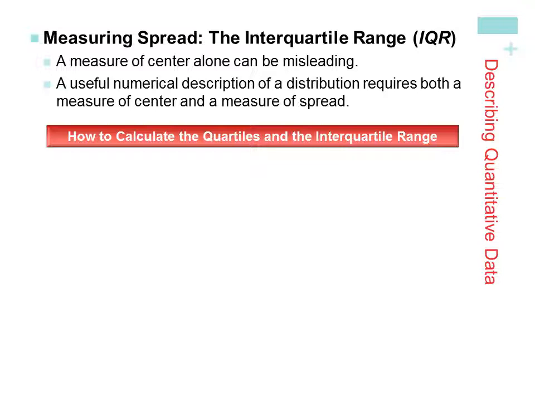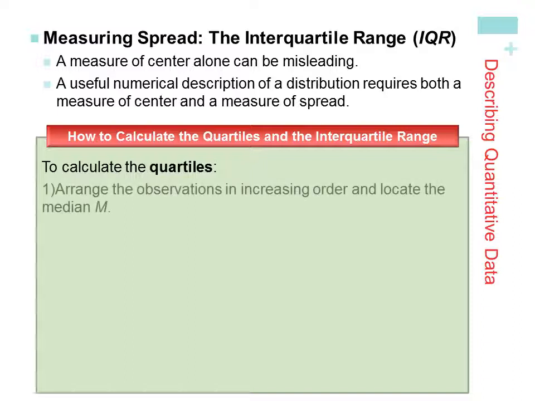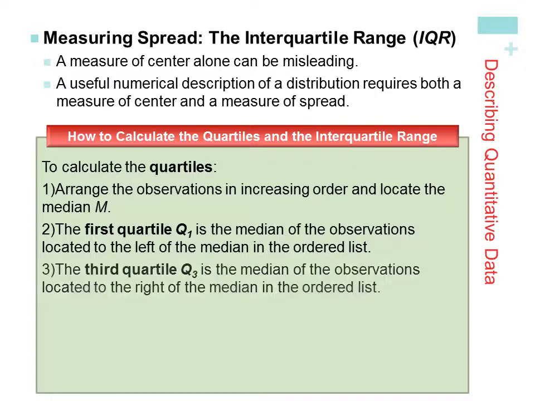So how do we calculate the quartiles and the interquartile range? Hopefully you've done this before. To calculate your quartiles, arrange the observations in order, locate the median, and draw a line down. The first quartile is the median of the observations located to the left of the median. So you put your median in the middle. Quartile 1 is the median of the lower half.